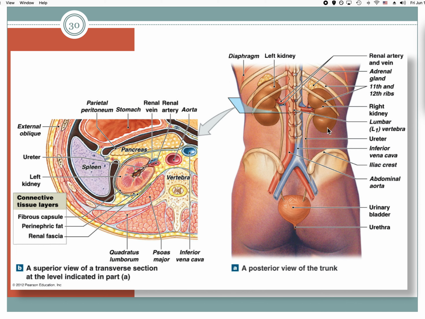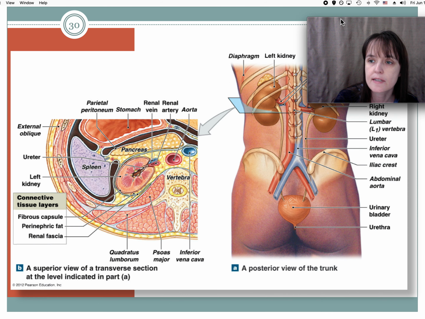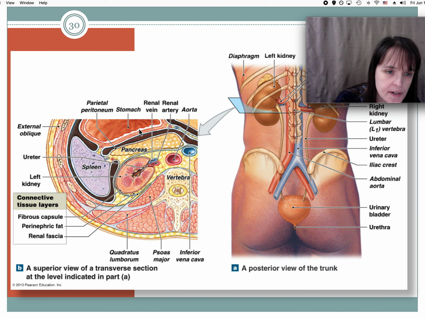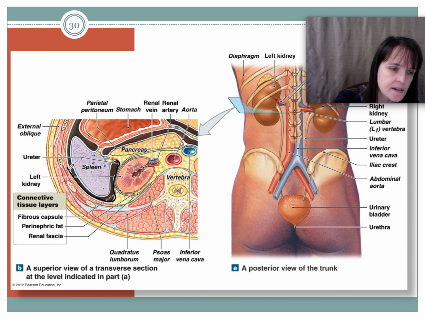Next page. Oh, and here is a great shot. Here you see the stomach, the spleen, and right along this edge is the parietal peritoneum lining the inside of the body wall. And then here it's visceral peritoneum lining the spleen and the stomach.